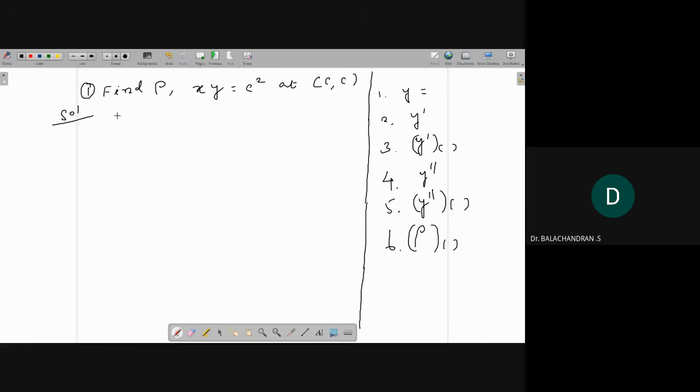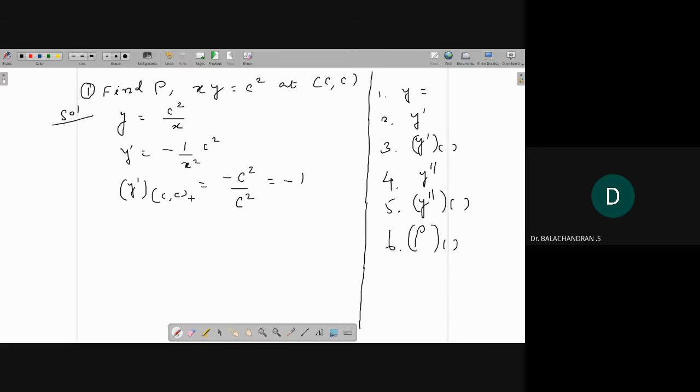Solution. The first step is to write y in terms of x, so y is c square by x. Next, find y dash. So y dash is equal to minus 1 by x square into c square. Then y dash at the given point c comma c is minus c square divided by c square, equal to minus 1.